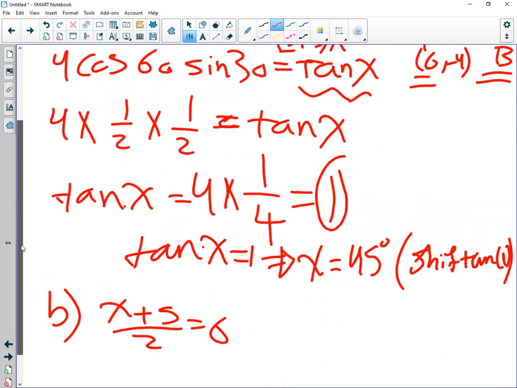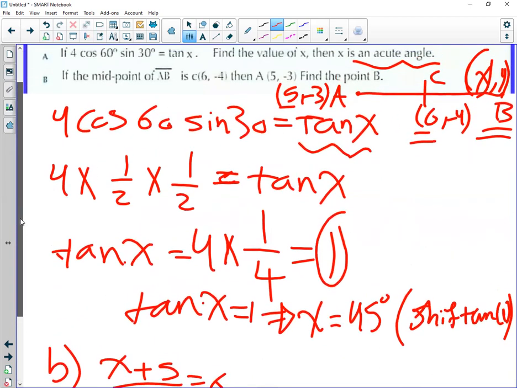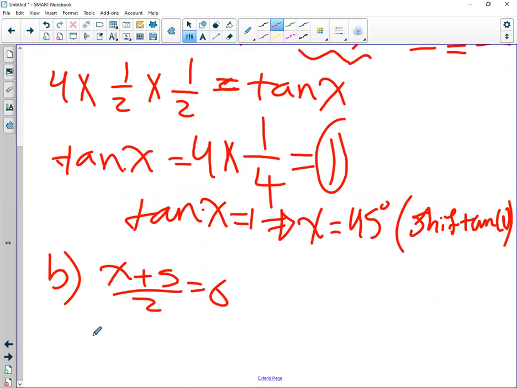And the second is (-3 plus y) over 2 equals -4.